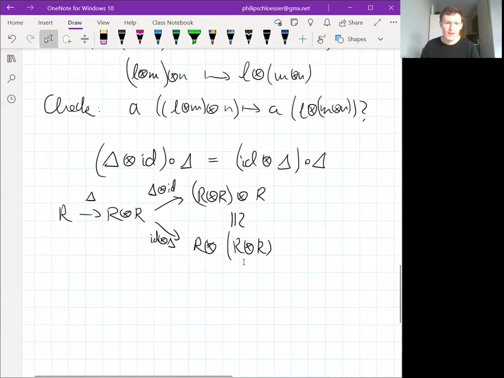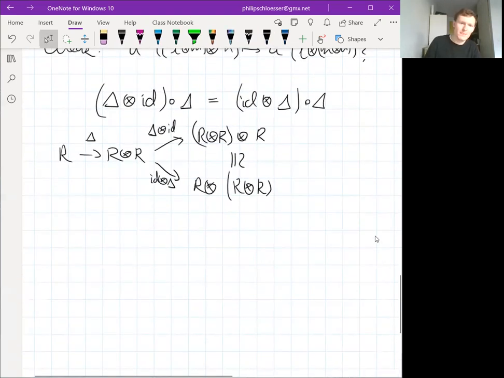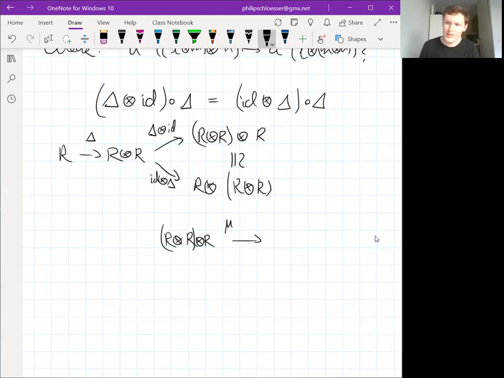And yeah, I don't know if I should mention this already, but note a kind of symmetry here. If we were to write down the rule for associativity of our multiplication, then we would have something like R tensor R, associated one way. Then we apply multiplication to the first component, identity to the second one.